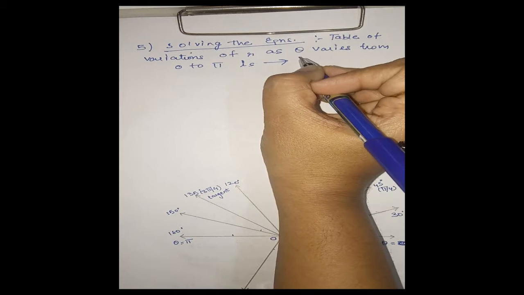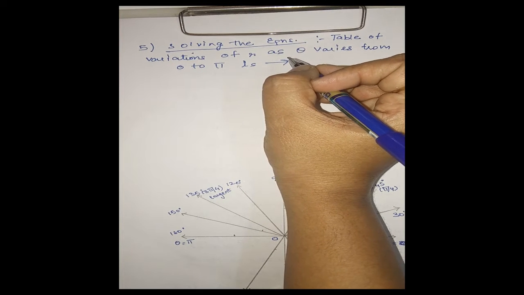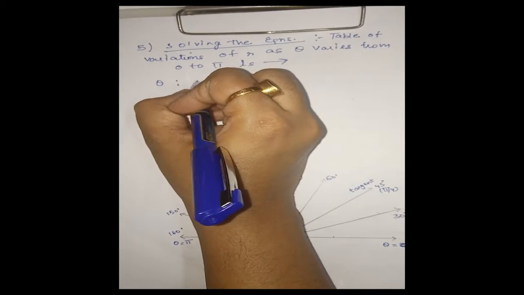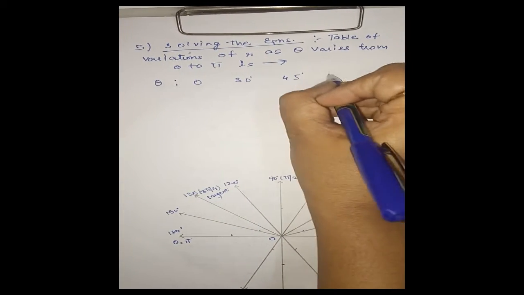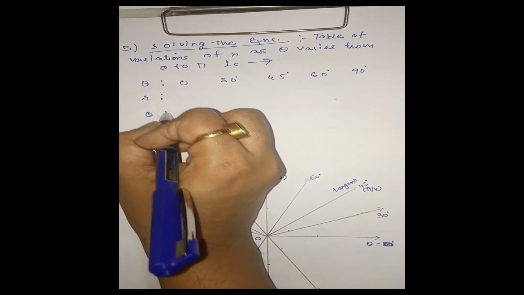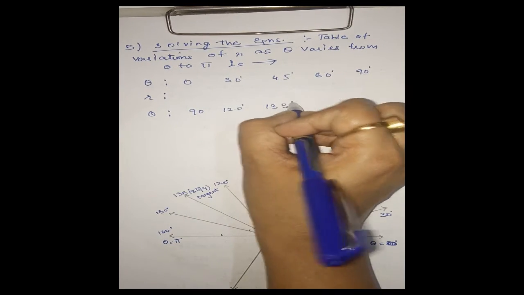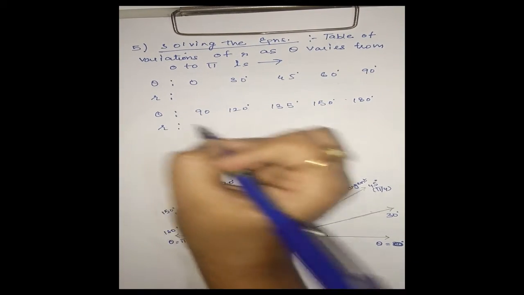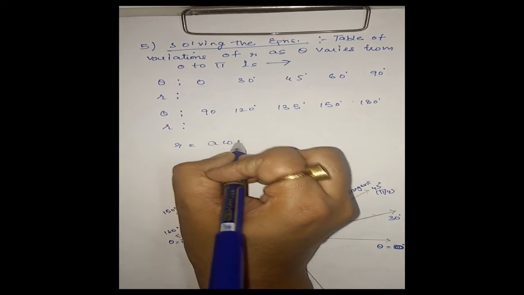We make a table as theta varies from 0 to pi. When theta is 0, 30, 45, 60, 90, and in the same way 120, 135, 150 and 180 degrees, we have to find the values of r, and r is a cos 2 theta.